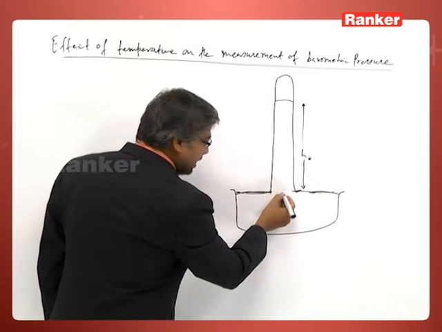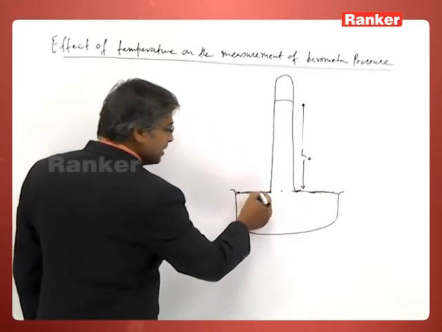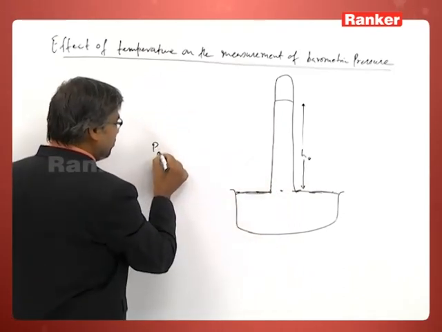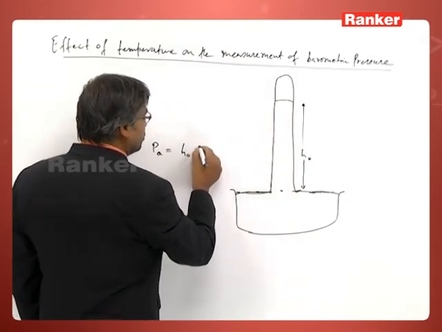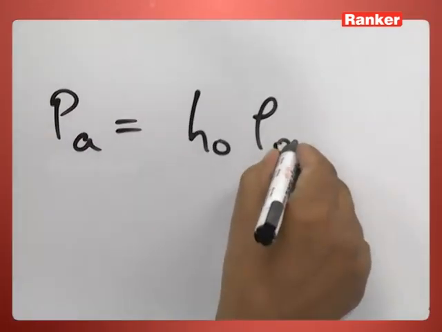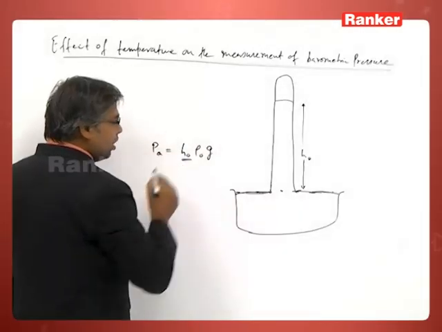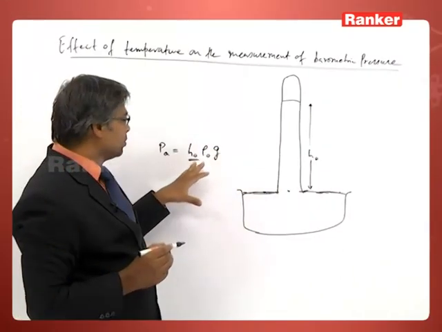You can see, from this point and this point, the pressure at these 2 points can be equated. This is atmospheric pressure P atmospheric, and the pressure at this point is h naught rho naught g for mercury. So, this h naught is the measure of atmospheric pressure.